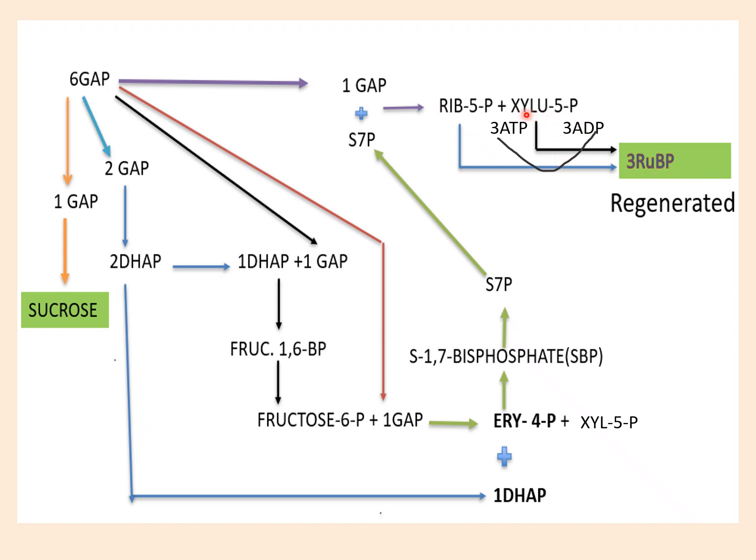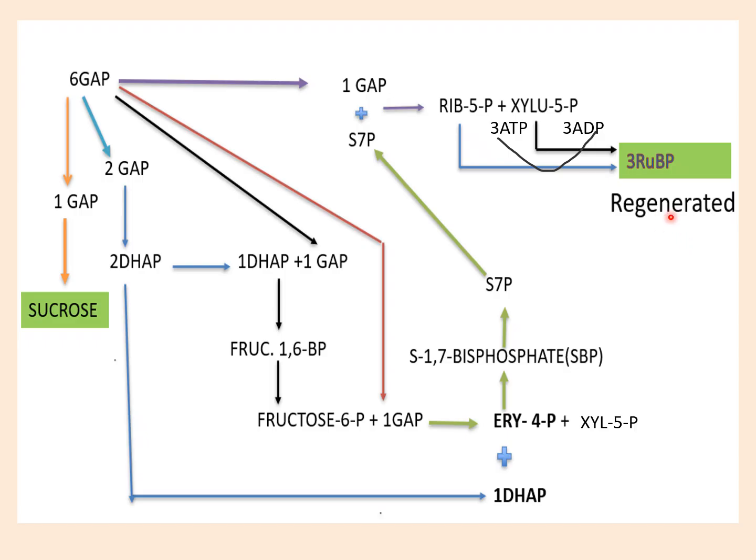And this xylulose 5-phosphate is also converted into ribulose 5-phosphate. Now both these compounds result in ribulose 5-phosphate, which is then phosphorylated using 3 ATPs into ribulose 1,5-bisphosphate or RuBP. So this RuBP is now regenerated, ready to undergo carboxylation one more time.